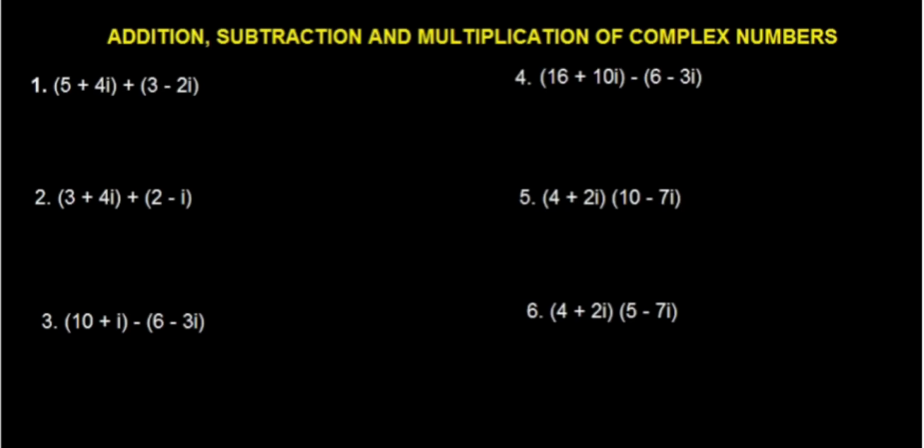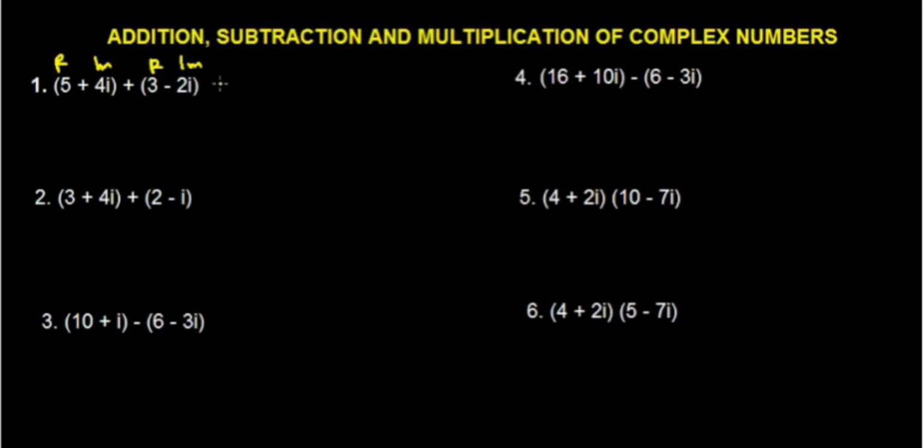So like I explained earlier, this is the real part, this is the imaginary part, this is the real part, this is the imaginary part. The real part is the one without the i, the imaginary part is the one with the i. So that's very simple. So you want to add this together.